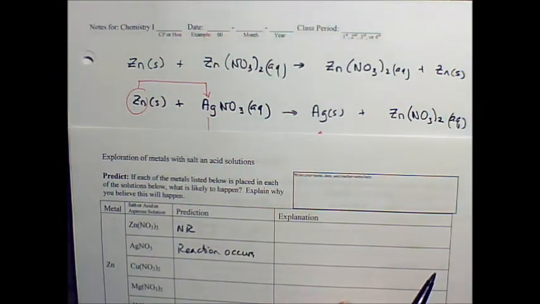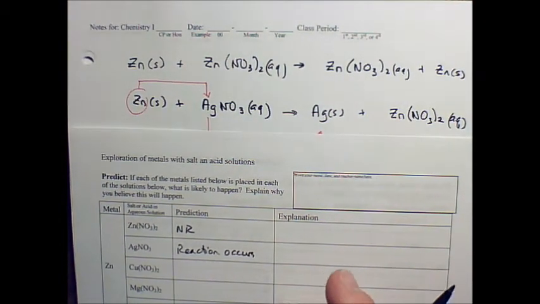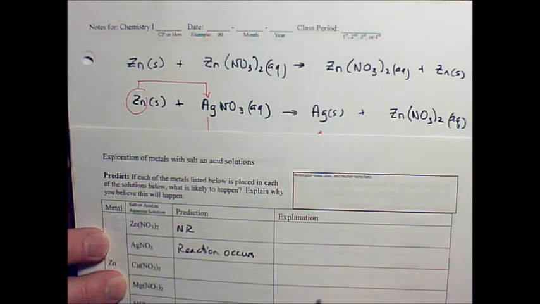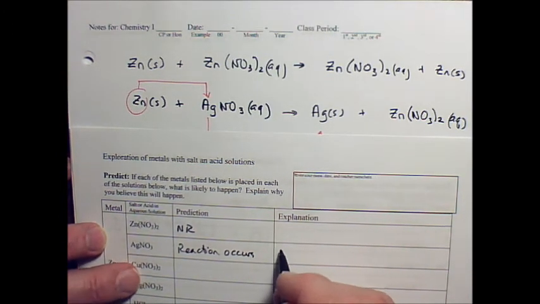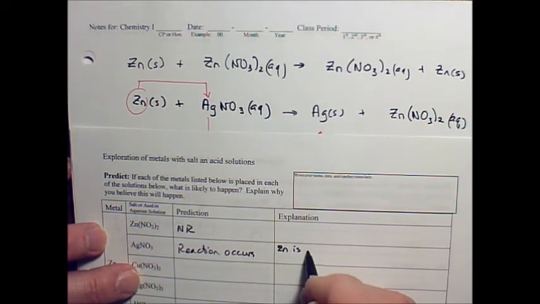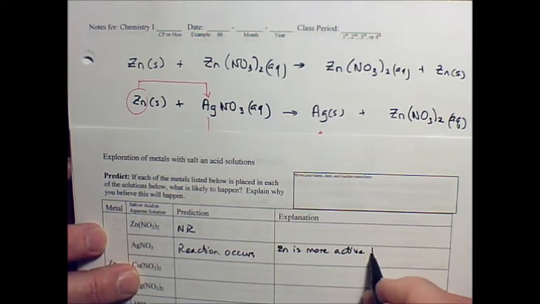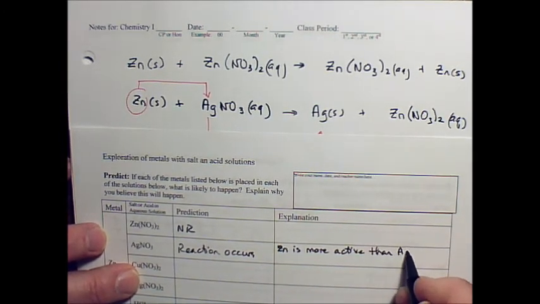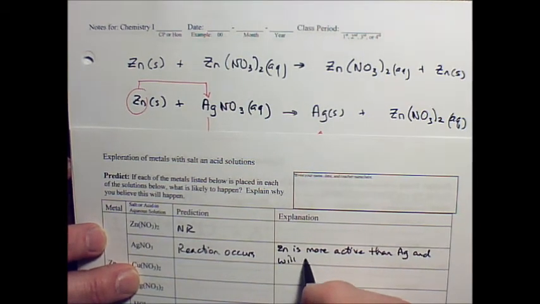The metal by itself in the equation is higher than the metal in the compound, so you would assume that it's going to replace or displace the metal in the compound. So the reaction occurs because the explanation is that zinc is more active than silver and will displace it.